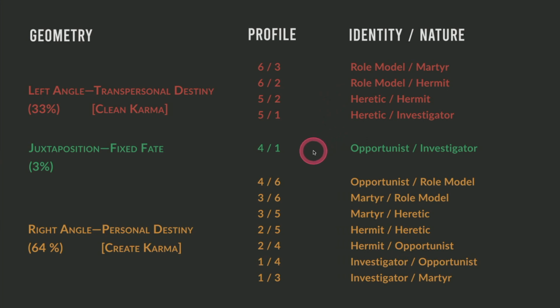Now, there are other systems, or I should say derivations of the human design system, that have attempted to use new language to describe these roles, which I think can be helpful. And I want to explore those. So, if you're someone, for instance, who's a 5-2 and really doesn't like the sound of being a heretic hermit, right? Even though that is a very accurate description of this role.